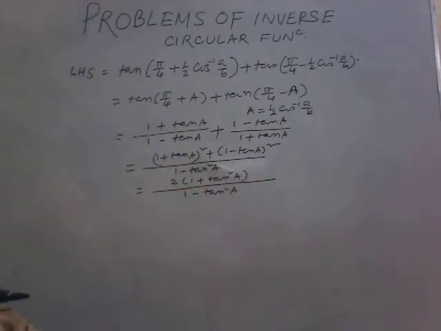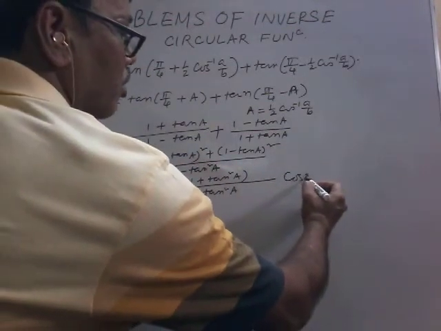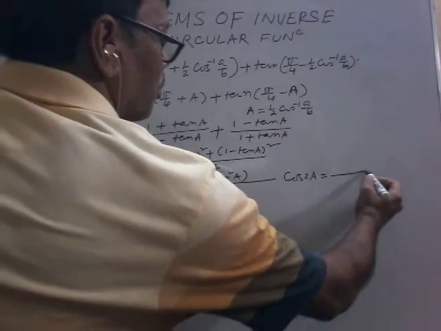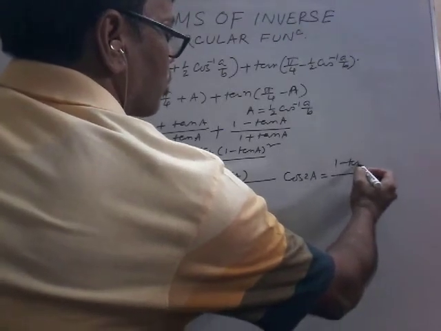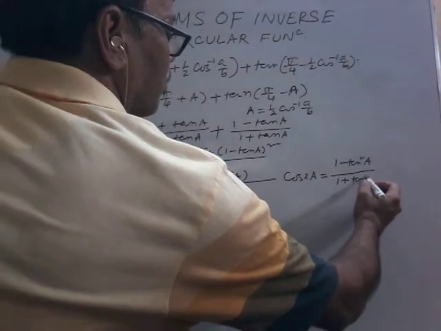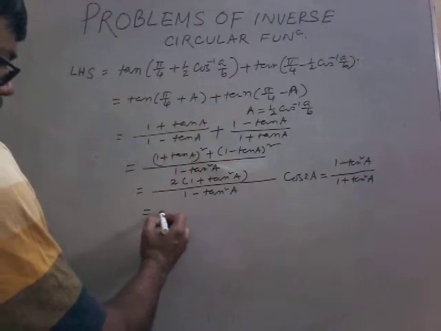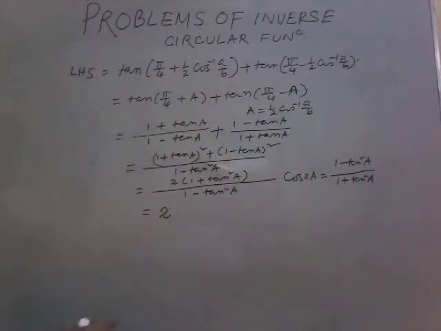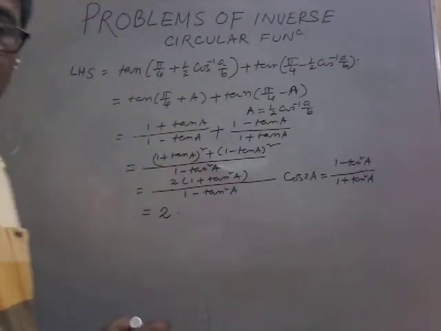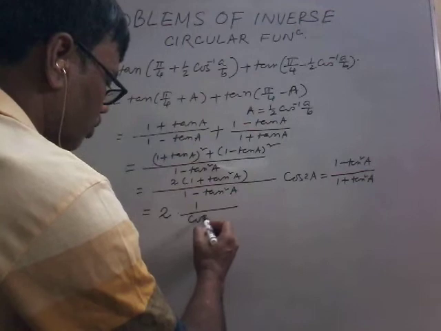Now look, what is the formula of cos 2A? Cos 2A equals (1 minus tan square A) by (1 plus tan square A). If we take 2 outside, this is the reciprocal of cos 2A, so it is 1 by cos 2A.